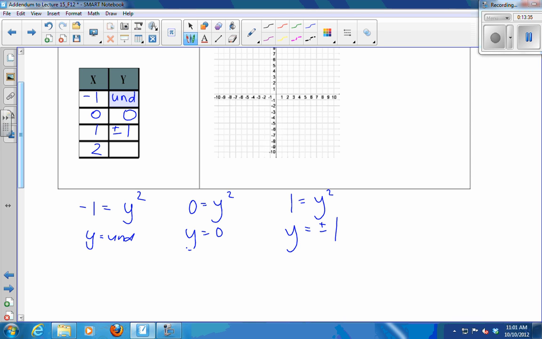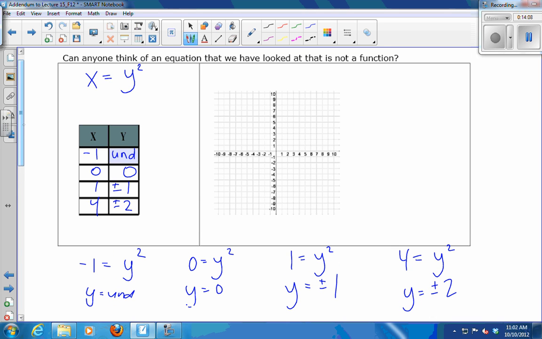And then instead of doing 2, let's do 4. So if I do 4 equals y squared, then y would have to be plus or minus 2. So I'm getting more than one output for one input. So this is like, I'm putting in channel 4 and I'm getting two different stations, ABC and Lifetime or whatever.